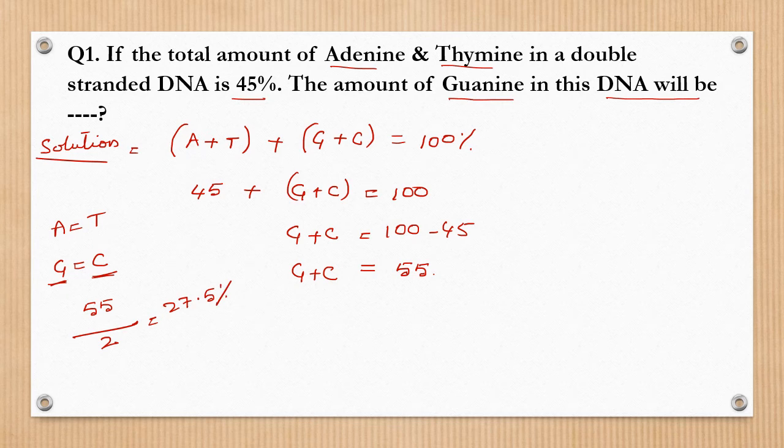So what they are asking, guanine, is 27.5% and cytosine is 27.5%.